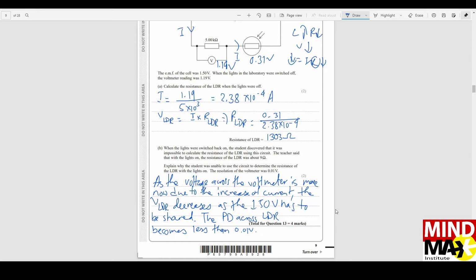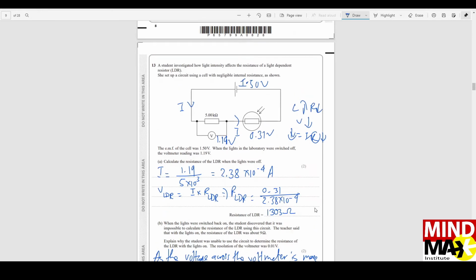This is a series circuit, and in a series circuit, the voltage gets divided. So 1.50 volt, previously, a lot of it was going through the LDR, but now, because the current has increased. Why did the current increase, by the way? The resistance of the LDR fell. That is why the current in the circuit increased.